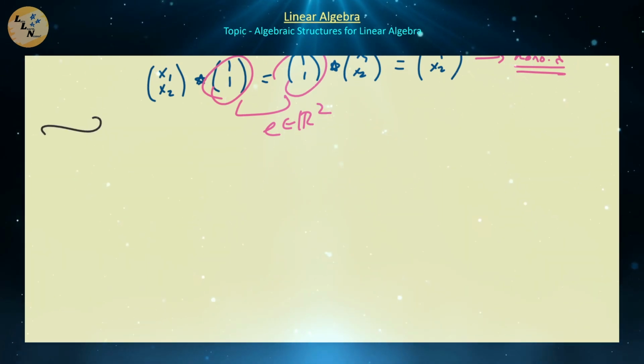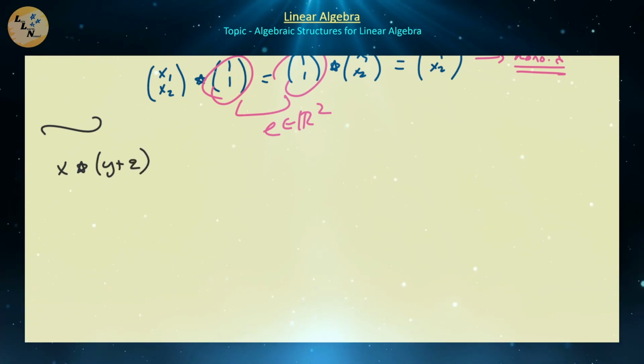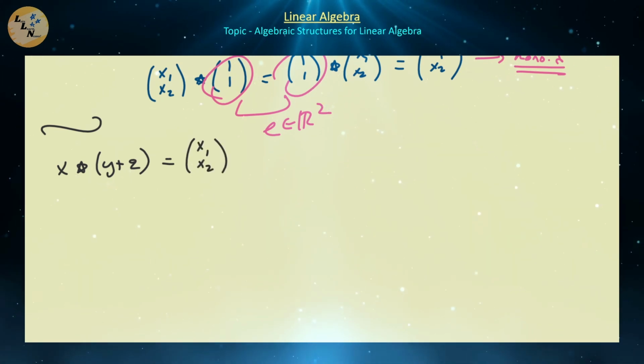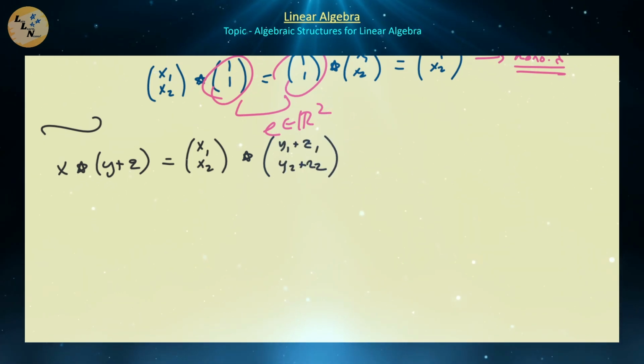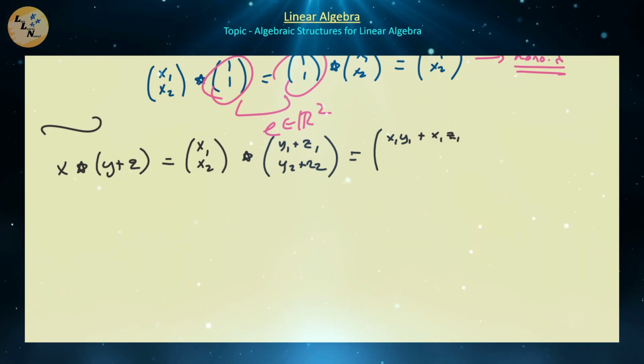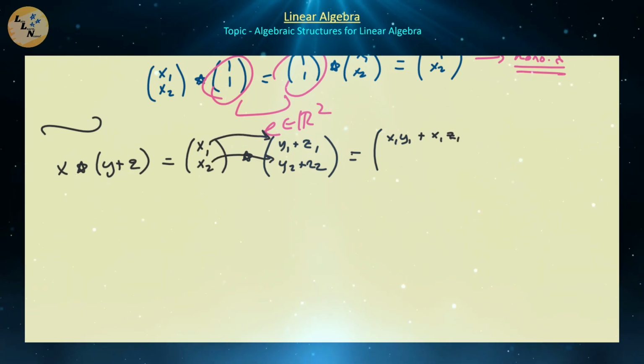So if we extend this, is this a ring? Then obviously we have to check, does it satisfy those properties of left and right distribution? So x star y plus z. What's this going to be equal to? This is going to be equal to x1, x2 starred with the sum of y and z, which I'm just going to call y1 plus z1 and y2 plus z2. And with element-wise multiplication, this is going to be equal to x1 y1 plus x1 z1 as we've defined it, because it's element-wise. We're just multiplying that by that and that by that. So this is just going to be x2 y2 plus x2 z2.